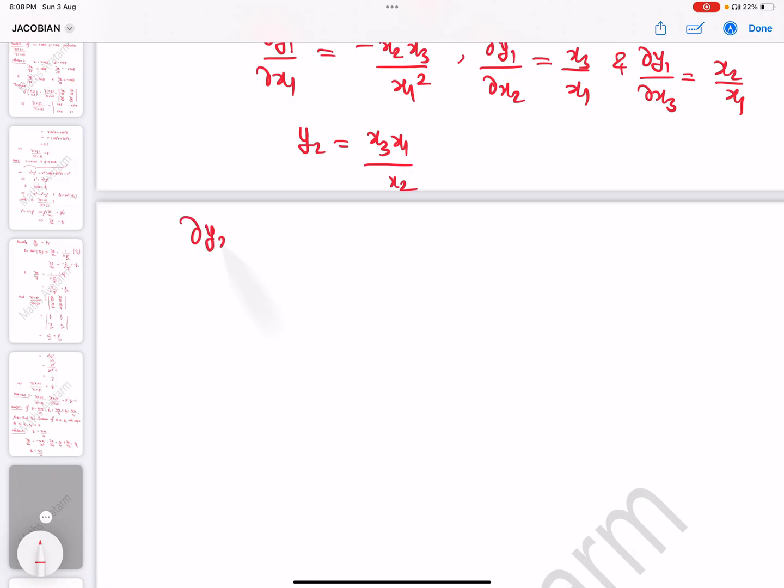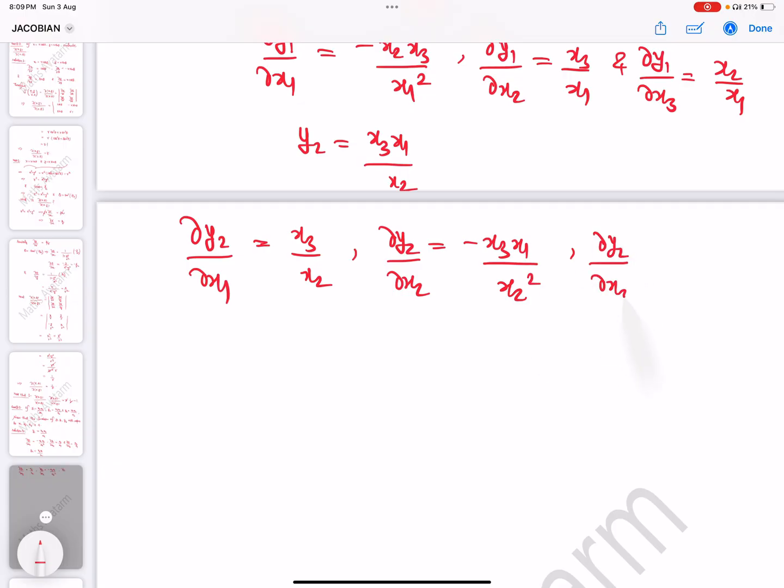So del y2 upon del x1 is x3 upon x2. Del y2 upon del x2 is equal to minus x3 x1 upon x2 square. Del y2 upon del x3 is equal to x1 upon x2.